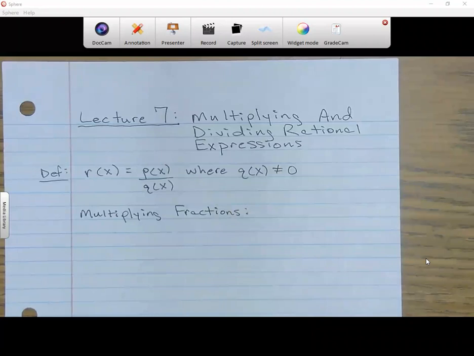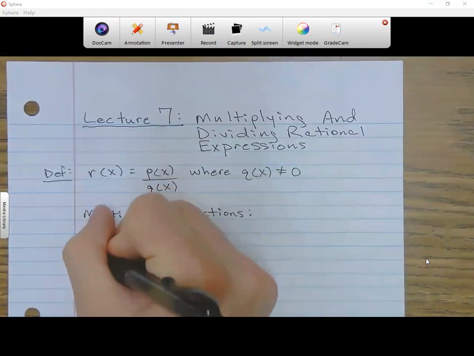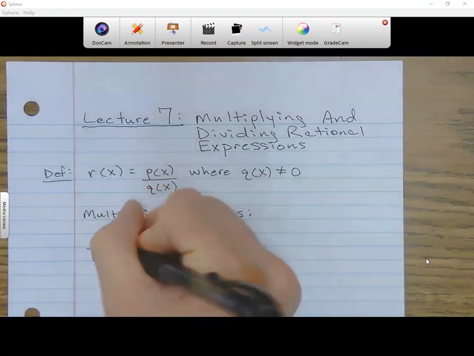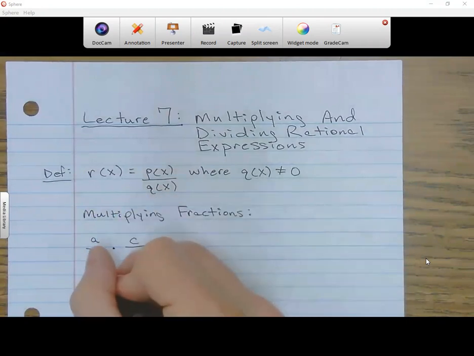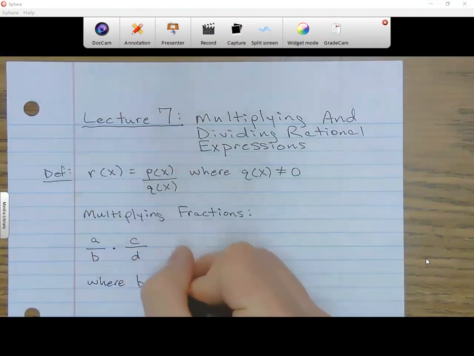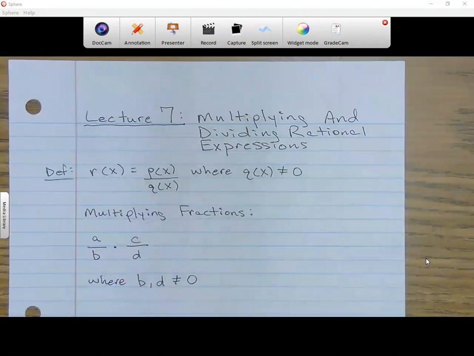Okay, so when you multiply fractions, let's say we have fractions a over b times c over d, where b and d are not equal to 0 for obvious reasons. So when you have a fraction, you have a as the numerator and b as the denominator.